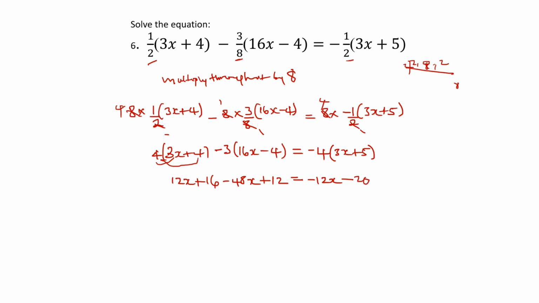So we have this. What we do now, we collect our like terms. We have 12x. We have -48x. Remember, we bring -48x to 12x, bring the x together. It is not crossing the equal to sign, so we just write it here.